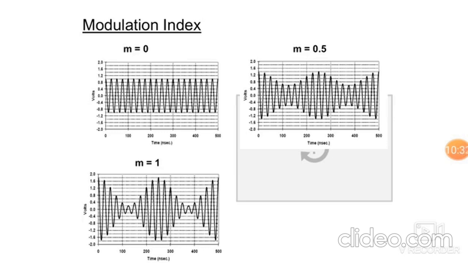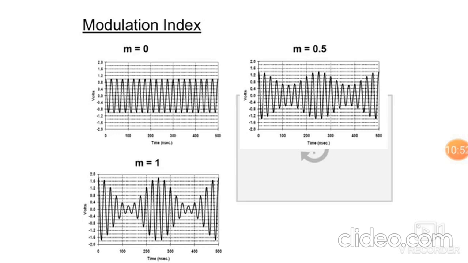Coming to the next diagram, for m equal to 0.5, the amplitude of the carrier signal varies according to the amplitude of the message signal, so we can tell the modulation happened here, and for m equal to 0.5 we got the output like this diagram.